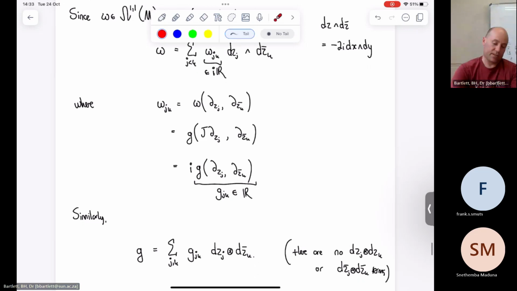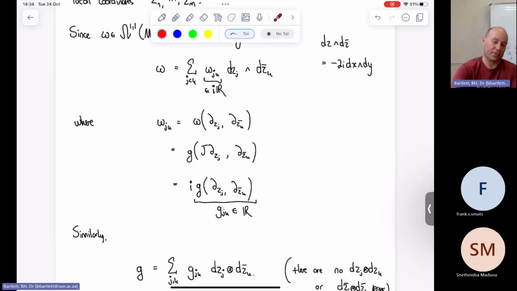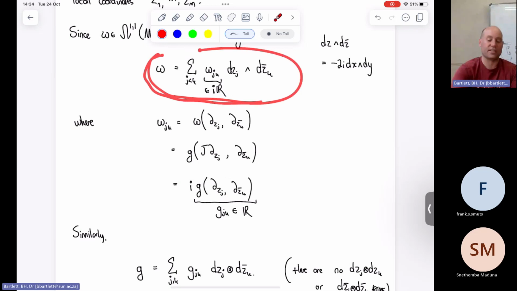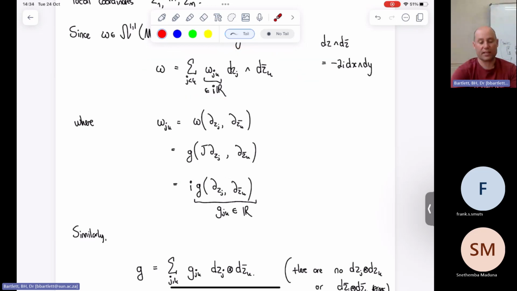So this was how I was just trying to show you how the associated fundamental form of a Riemannian metric compatible with the complex structure looks locally in terms of the z coordinates. It can be written like this. And again, I could write that in terms of the real coordinates x and y's, using this expression.